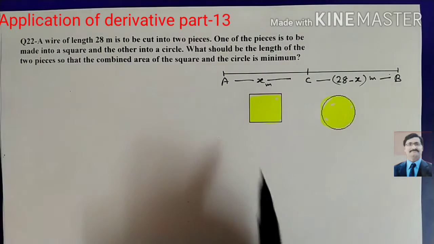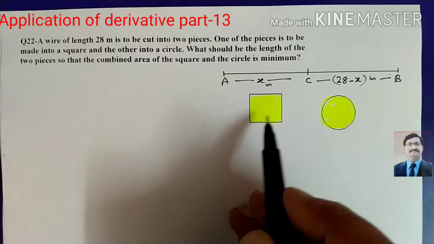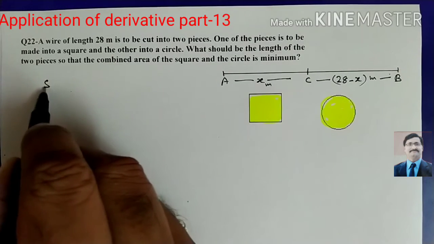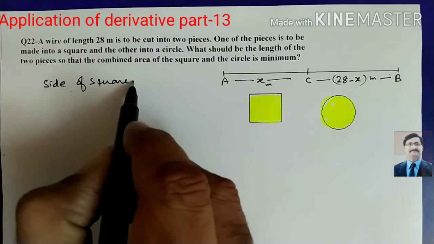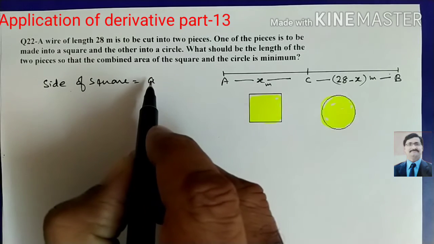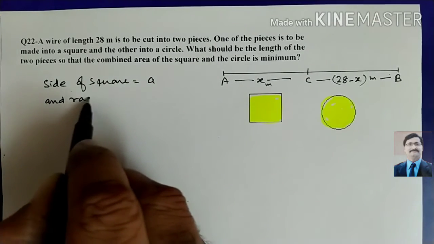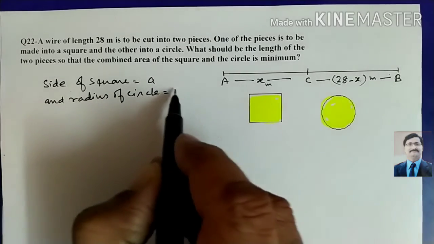This first part is converted into a square, and we will suppose the side of the square is A. Side of square equal to A, and radius of circle equal to R.